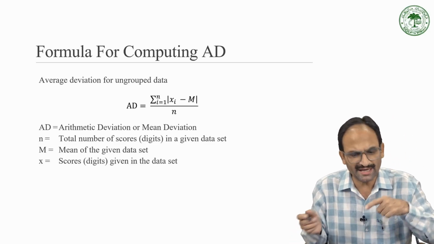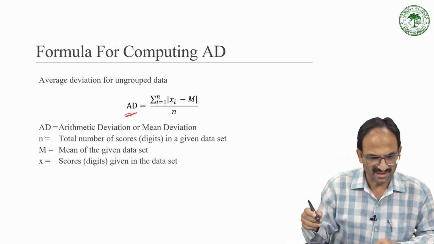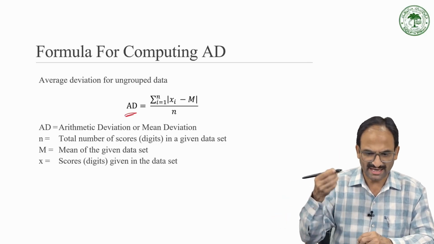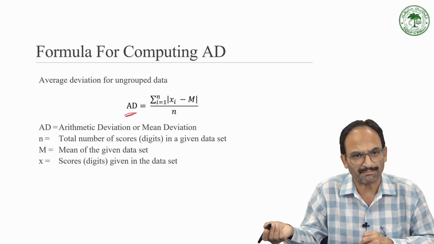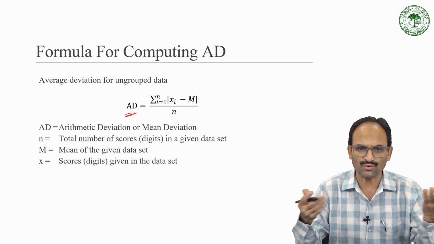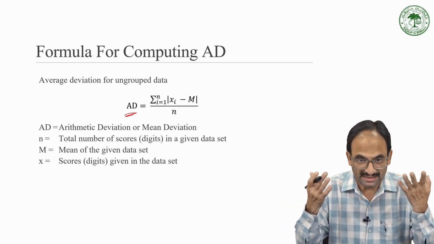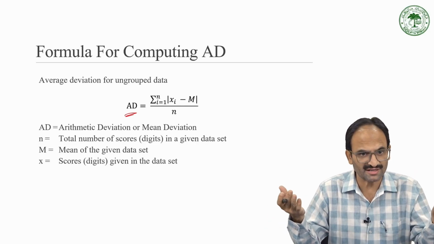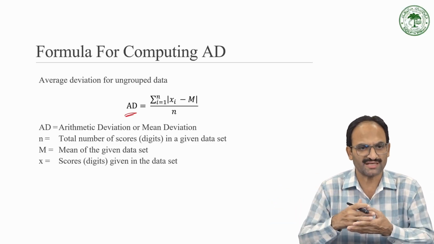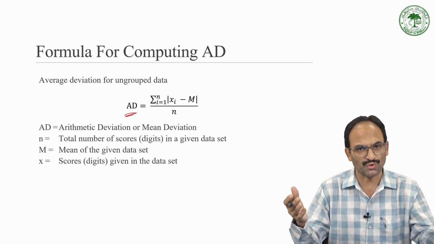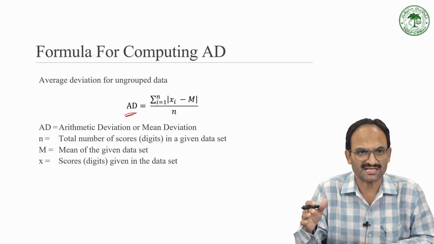AD in this formula is the average deviation or mean deviation which you are going to compute. N is the total number of scores, terms or numbers in a given data set. Capital M stands for the mean, and small x are the separate scores in that data set.